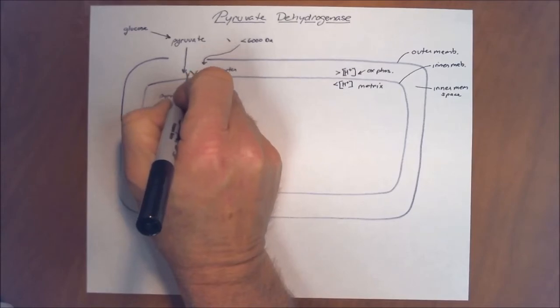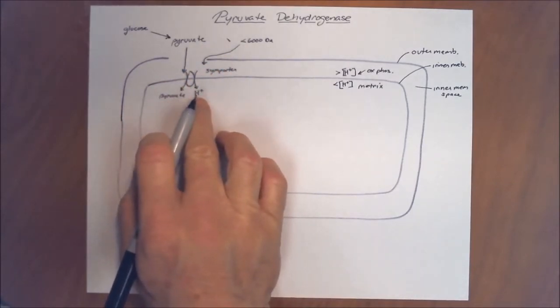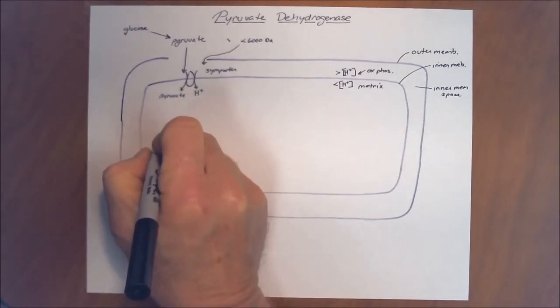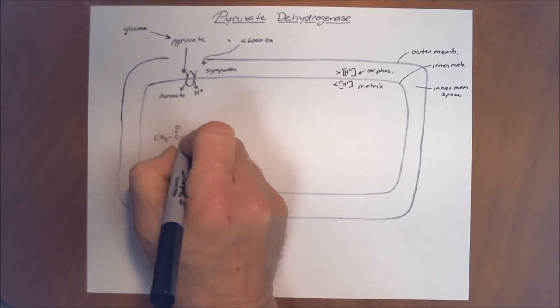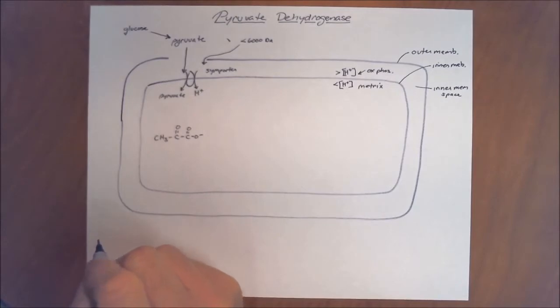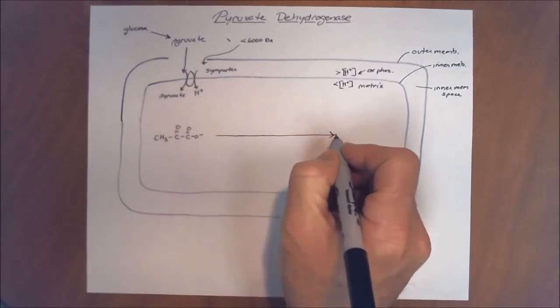So now once we have the pyruvate transported as cotransport with protons, now we need to process the pyruvate into acetyl-CoA.